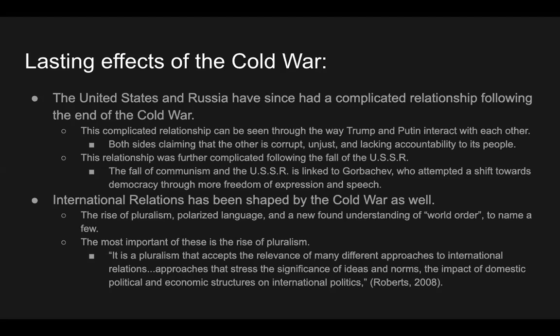And there was a newfound understanding of world order, to name a few. The most important of these is the rise of pluralism. A quote from the book says, "It is pluralism that accepts the relevance of many different approaches to international relations, approaches that stress the significance of ideas and norms, the impact of domestic political and economic structures on international politics."